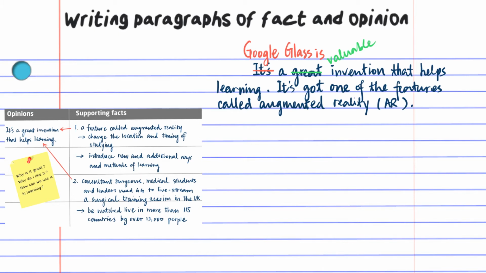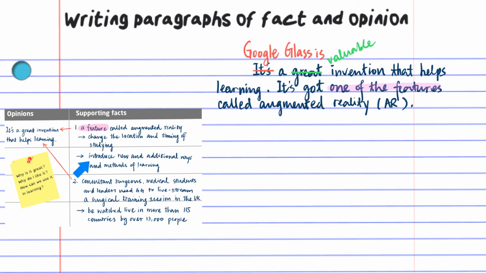It's got one of the features called augmented reality, AR. Because Google Glass has a lot of features, I change it to "one of the features" instead of writing "a feature". According to the plan, I should immediately talk about how this invention helps learning.